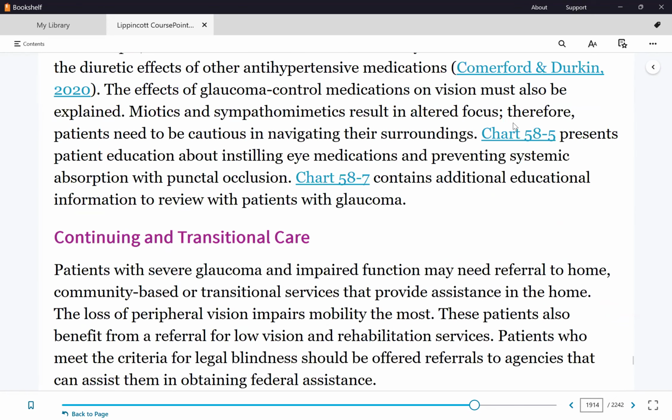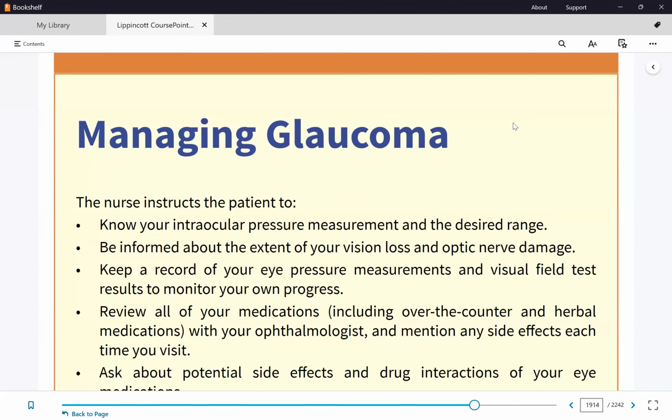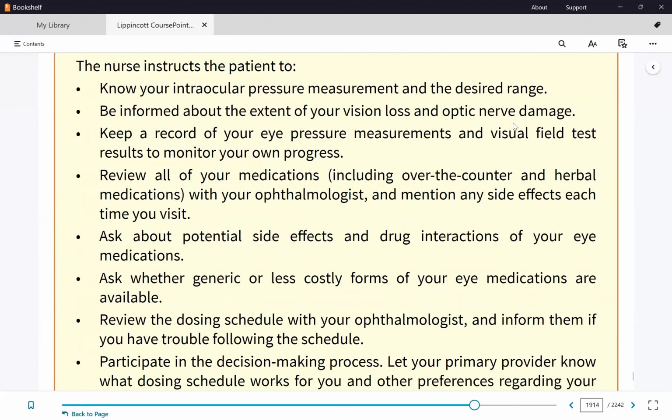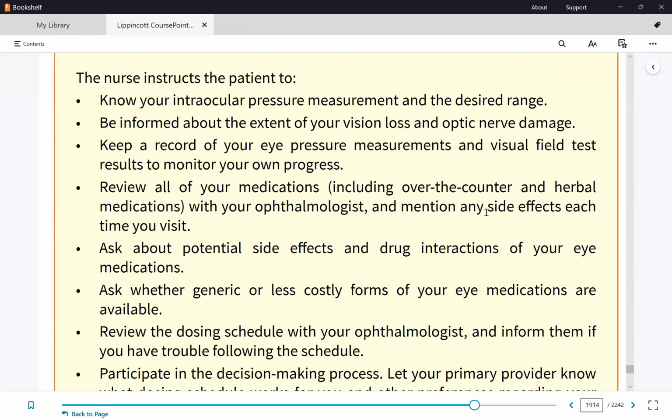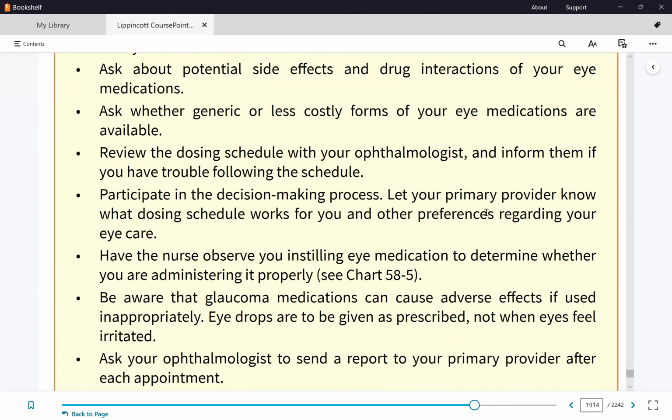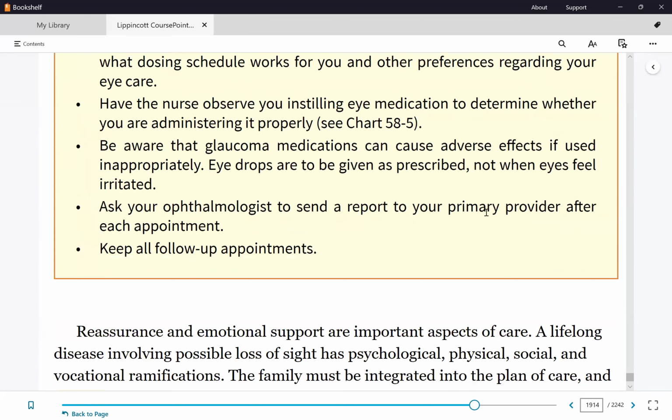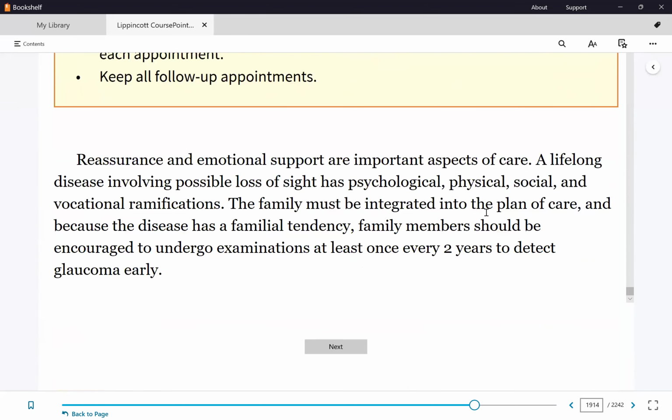So for teaching, here's your chart 58-7. Emphasize again the lifelong administration of the eye drops. Now, the problem with long-term eye drop use is, let me show you, you've all had eye drops at some point, yeah?